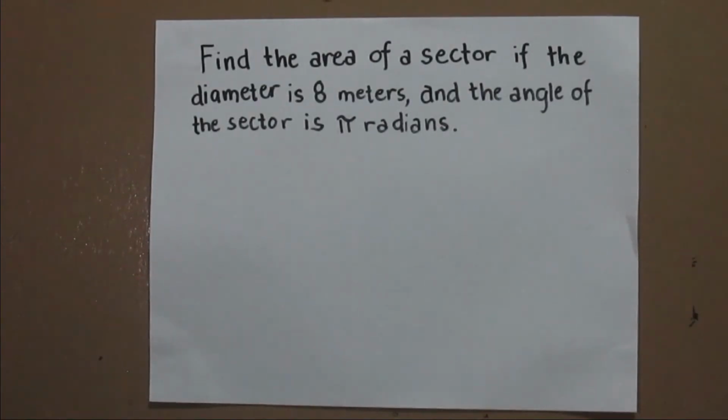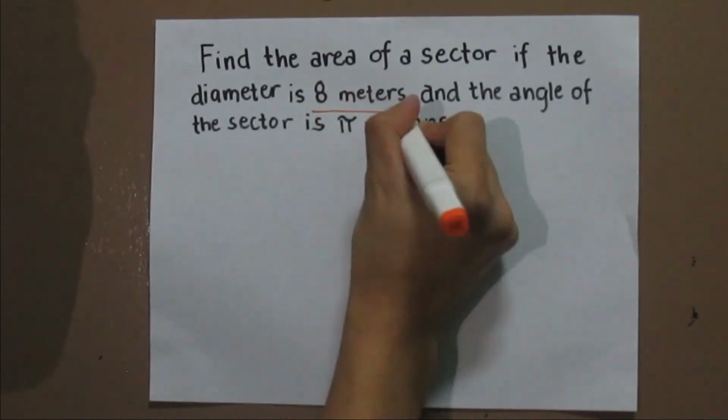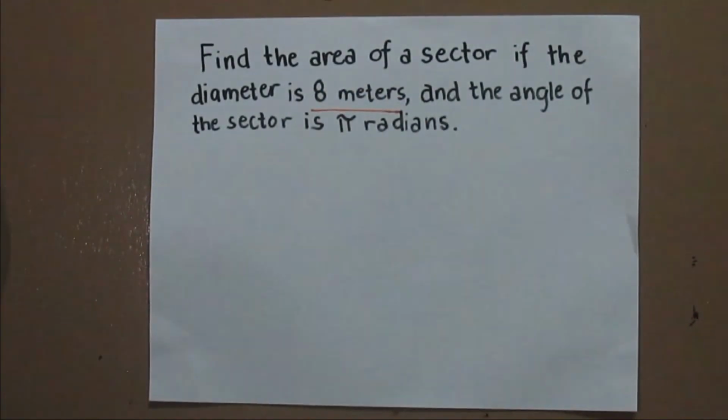For the next problem, we have: find the area of a sector if the diameter is 8 meters and the angle of the sector is pi radians. In order to solve this problem, we must first look for the value of the radius. Since we are given the diameter, which is 8 meters, we only need to divide the diameter by 2 to get the radius.